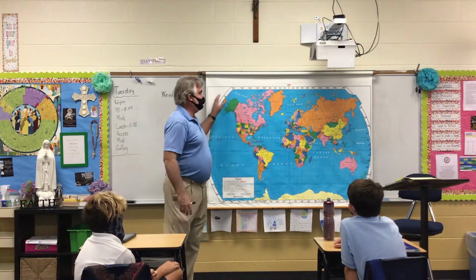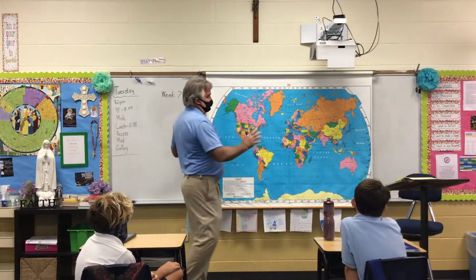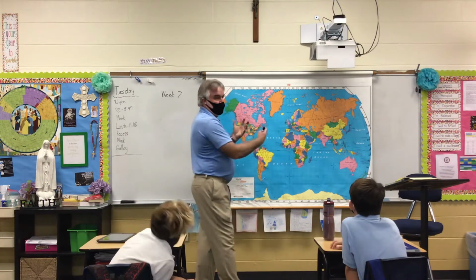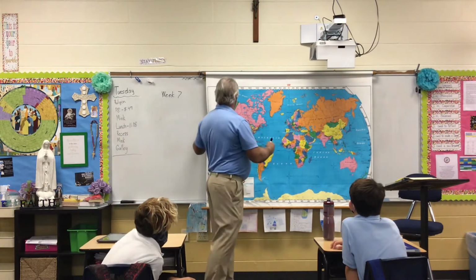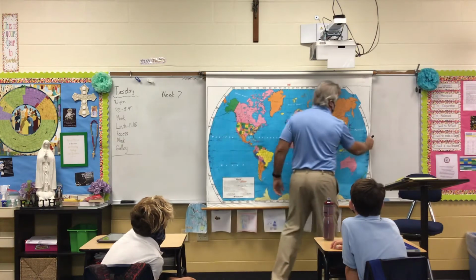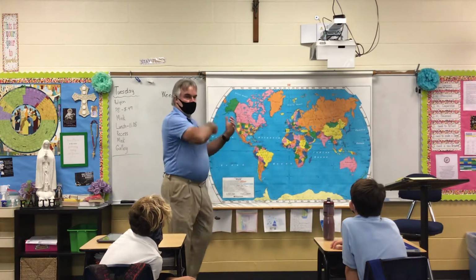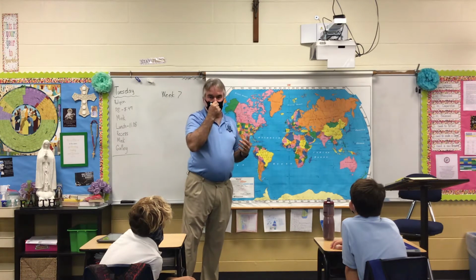I want to show it on the map because in order to make this map into a globe, you would have to bend this around, and bend this around, and where this would meet over here, it would make a circle, right?